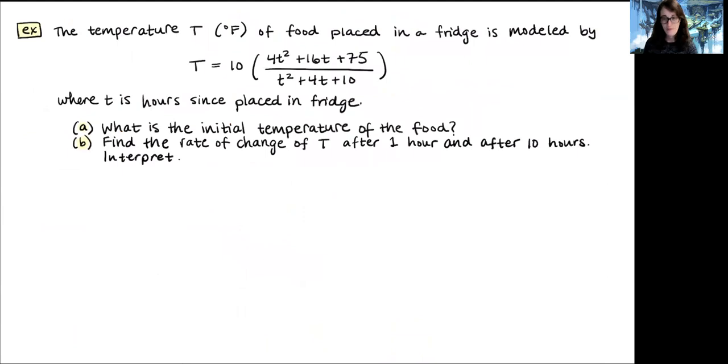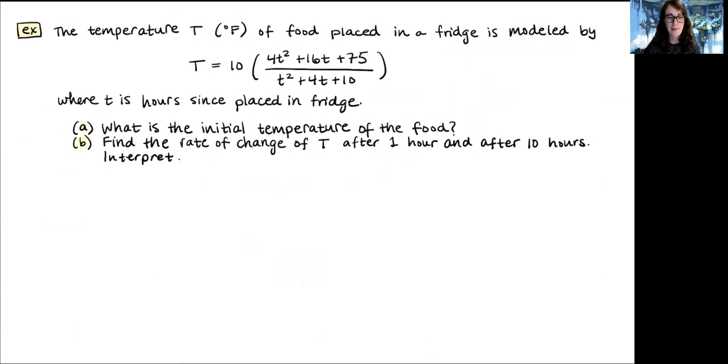Okay. One last example here with an application. So here we have a function that models the temperature, capital T, in degrees Fahrenheit of food placed in a refrigerator. And it's modeled by this long equation.